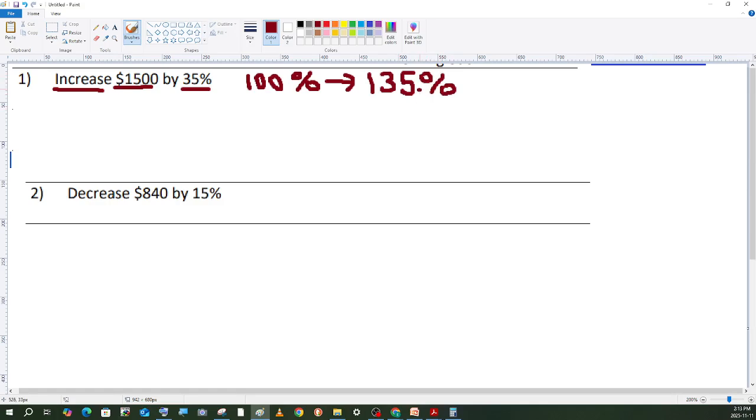Now we're going to turn this to a decimal using our little trick. That decimal place, sorry, it's a little hard to see. Let me try that again. I'll just switch to a little thinner brush there. So the decimal goes there. It moves 2 to the left like that to become a decimal. So we're going to go 1.35 times 1500.